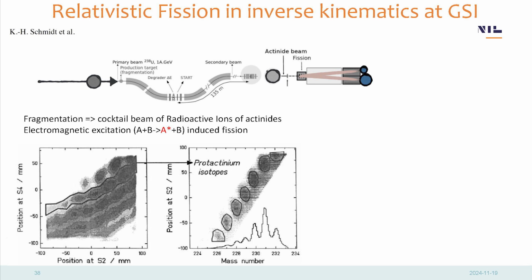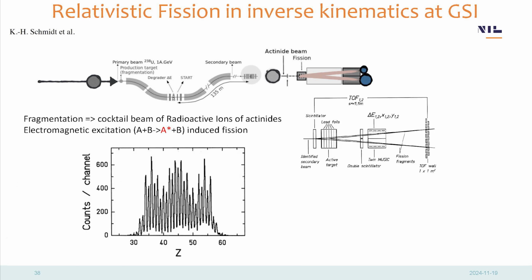Then afterwards it will fission. You can get here, let's say, an ionization chamber, and you will measure the charge of the ions. The goal here was to say, we made a lot of measurements in mass, but we don't have charge. So the goal here was really focused on the charge.